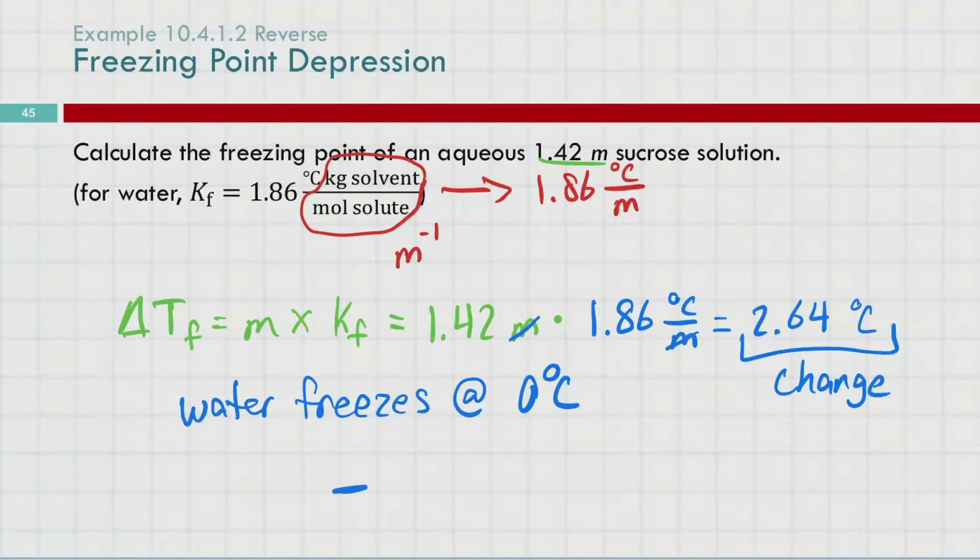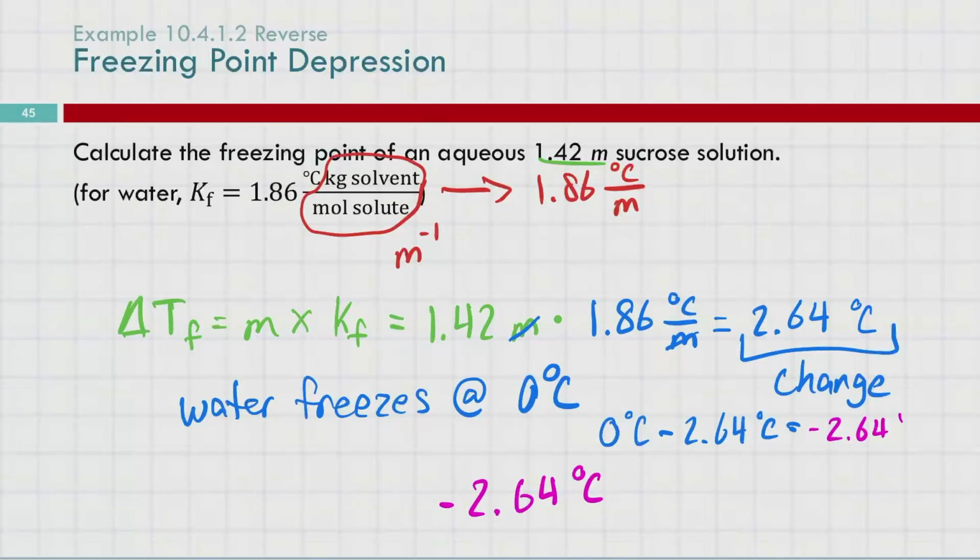And so our answer is actually minus 2.64 degrees Celsius. It's 0 degrees Celsius minus 2.64 degrees Celsius to give us a lowered value of negative 2.64 degrees Celsius.